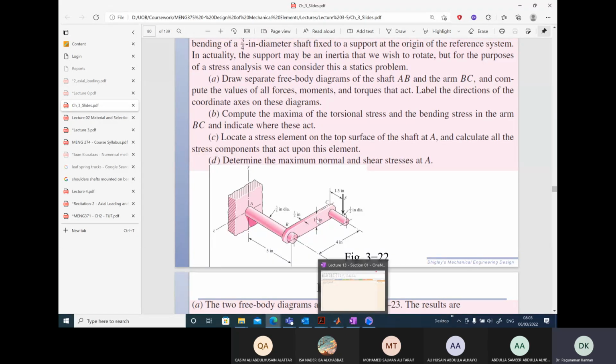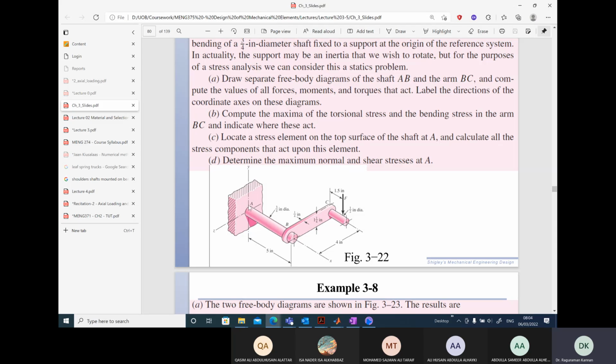First, we have to draw the free body diagram, but even before that, let's figure out what are the forces acting. So the external force is F here. This force F leads to a force and a moment at point C, if you replace it at the point C. Okay.